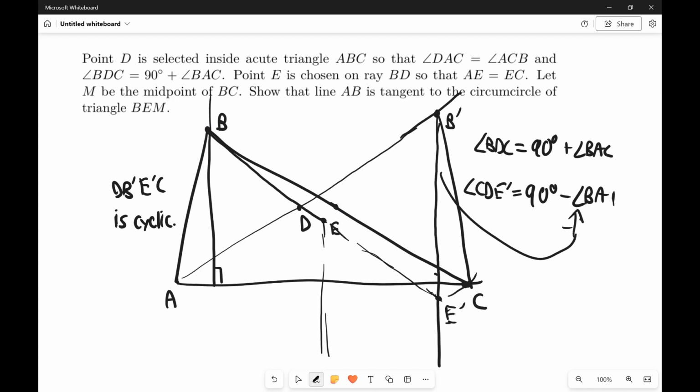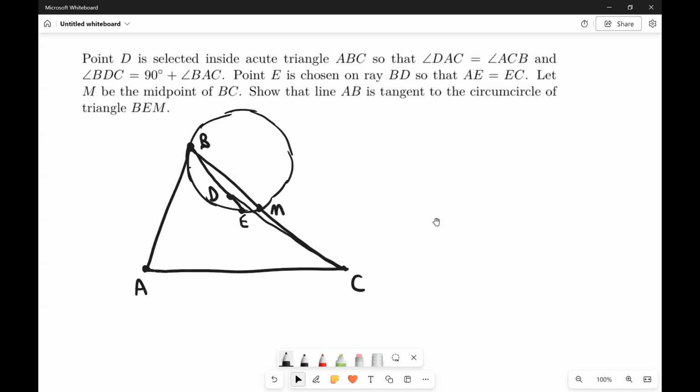And because of the right triangle that we produce here, because B prime E prime is perpendicular to AC, that reduces down to proving that this is equal to angle BAC. But now we recall that ABB prime C is an isosceles trapezoid, and therefore these two angles are equal since they're the two base angles of an isosceles trapezoid.